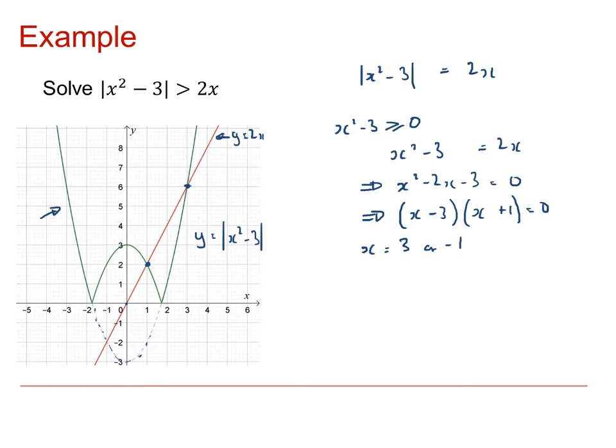But we have the condition that x squared minus 3 is greater than or equal to 0, and therefore we can discount the negative value to say that x is equal to 3. So this first point here is at x equals 3.